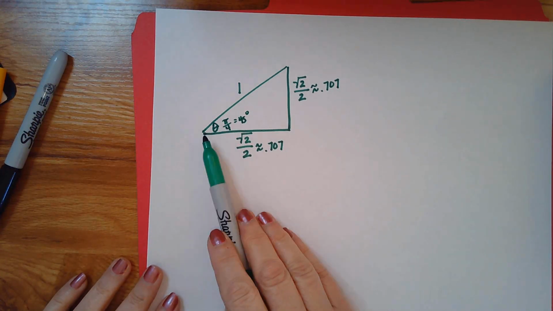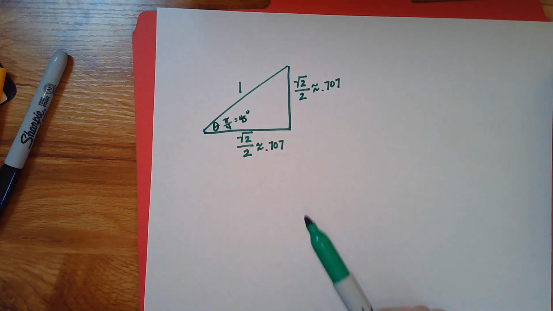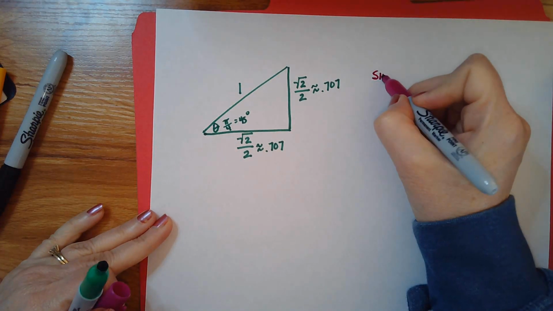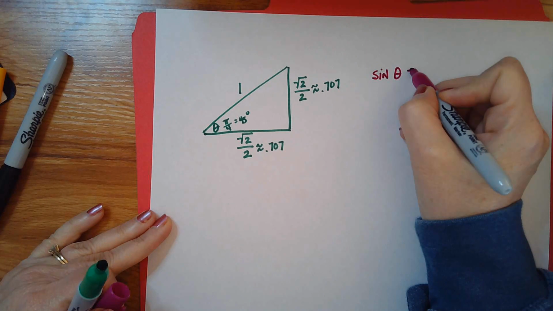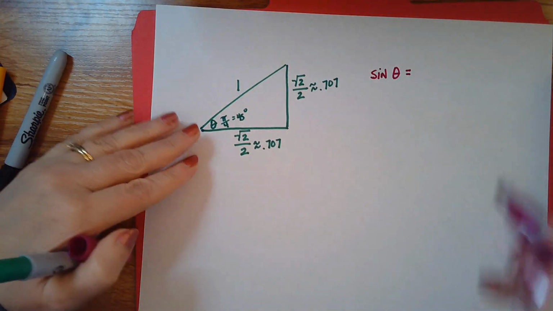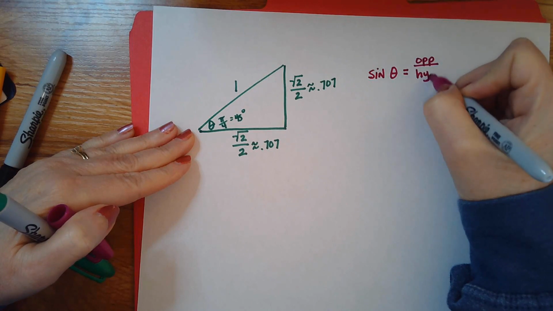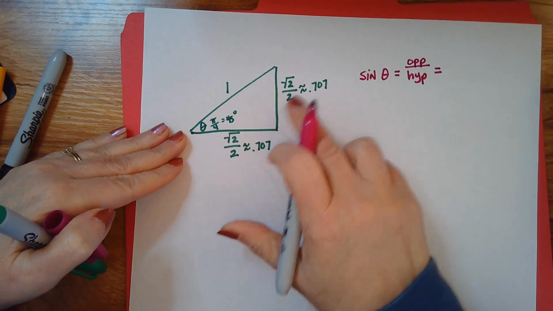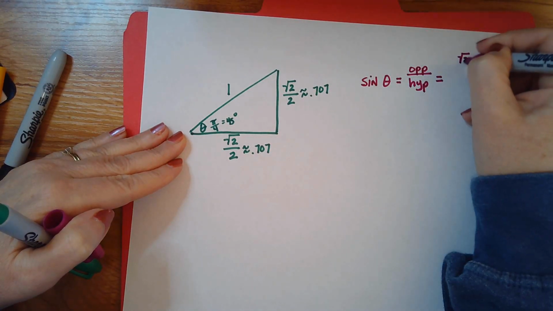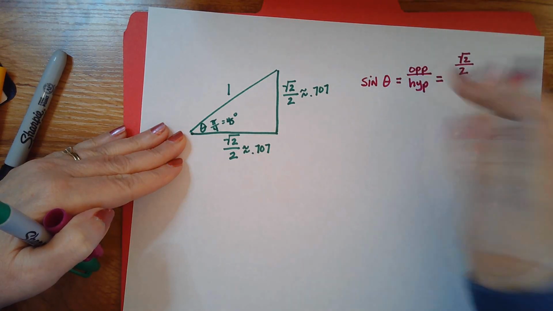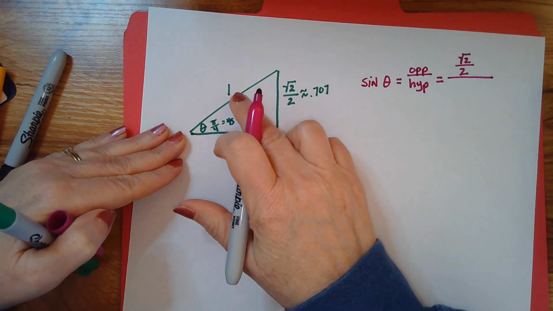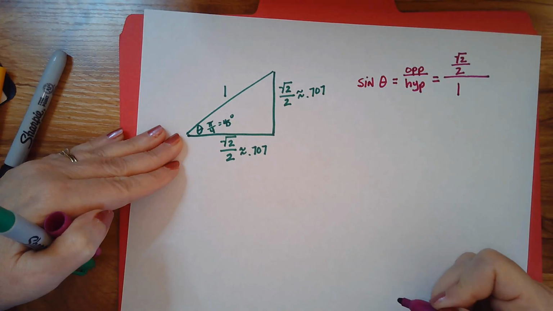Let's take a look at this theta and let's figure out what different things are. For instance, what is sine of theta? Well, remember the formula for sine is opposite over hypotenuse. So in this case, it's going to be root 2 over 2, that's my opposite side, over my hypotenuse, which is 1.